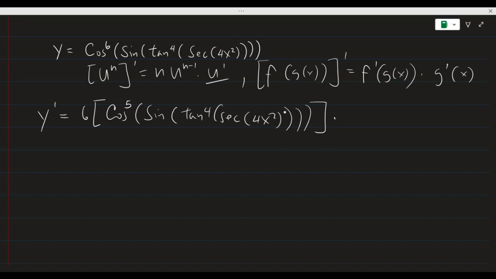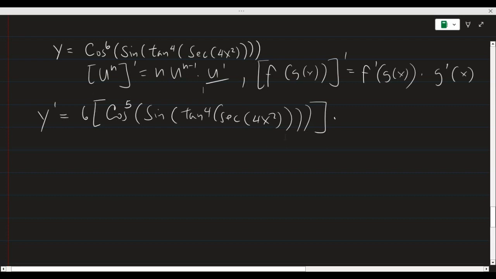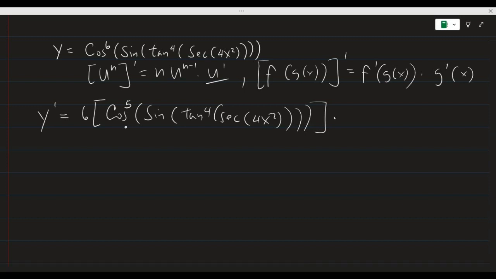The next step is to multiply the result by the derivative of the base function. The base function is this entire term, a composite function whose outer function is cosine. The derivative of cosine is negative sine, and now we are applying the chain rule.